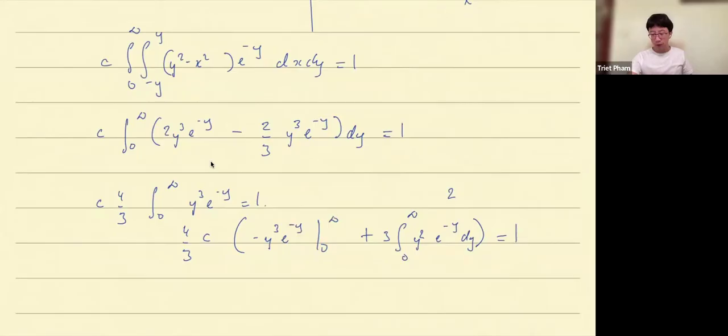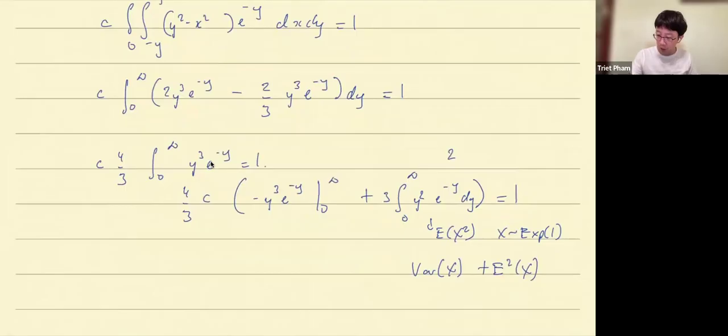Well, how? This is the second moment of the exponential with parameter 1, which is the variance of the exponential 1. So this is the expectation of x squared, where x is exponential 1, which is the variance of x plus the expectation squared of x.